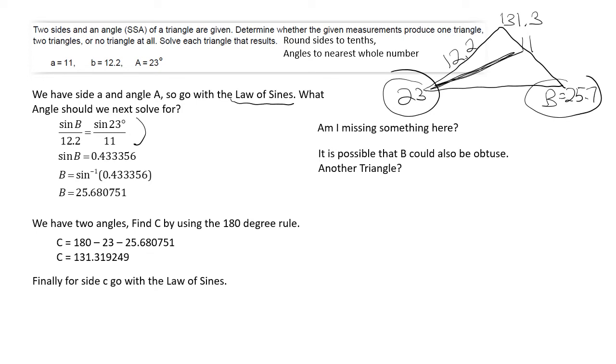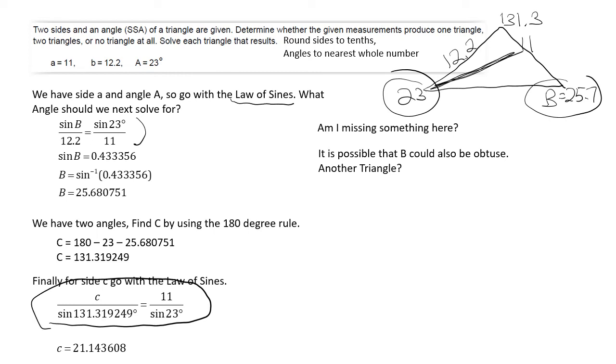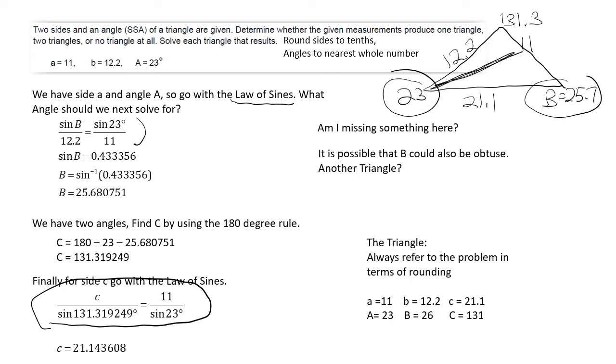Working with side A, angle A, side C, angle C, we can work with the law of sines, and we can find side C, which is about 21.1. So our triangle, and again, going back to how they want us to round, here are the final answers. Or this is the solution to solving the triangle.